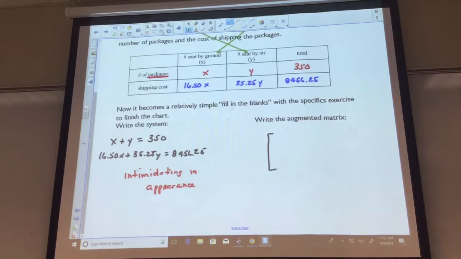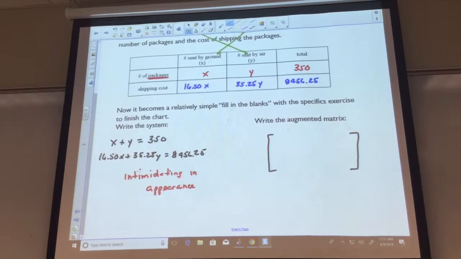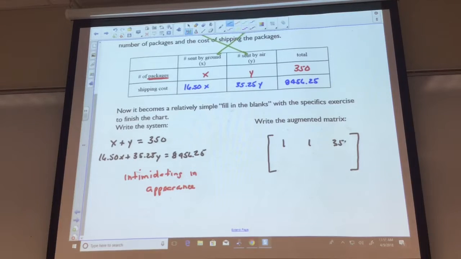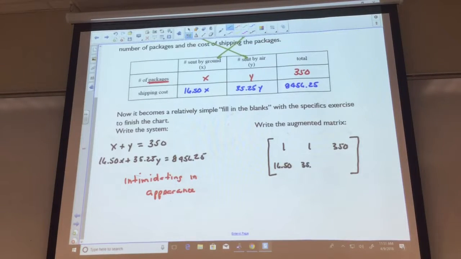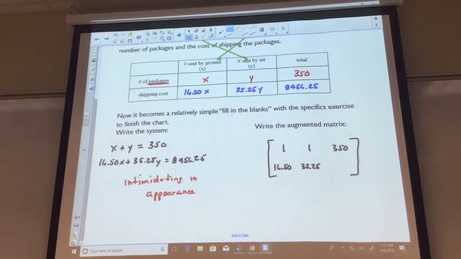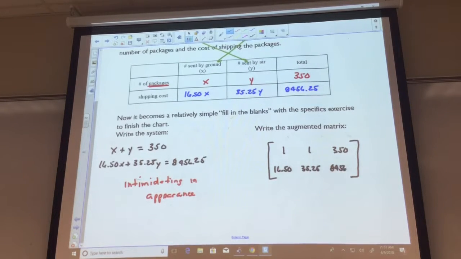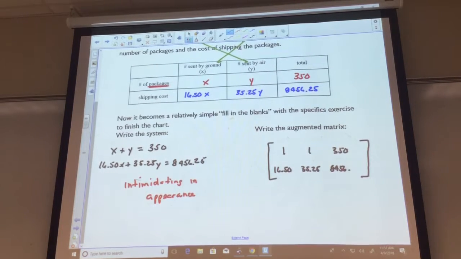And if I'm going to abbreviate the system in an augmented matrix, I'm not worried about anything except the number values. 1, 1, 350, 16.50, 35.25, 8,456.25.